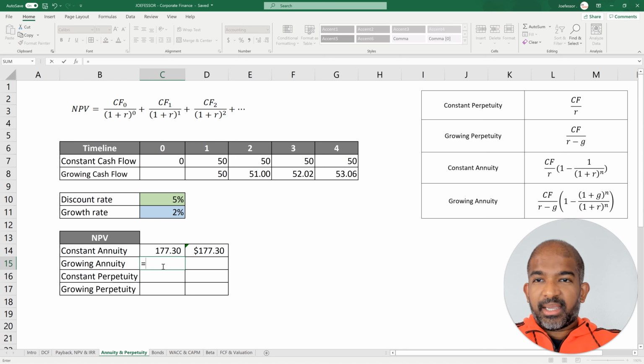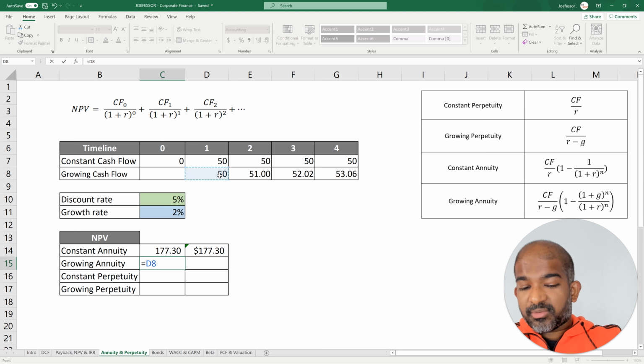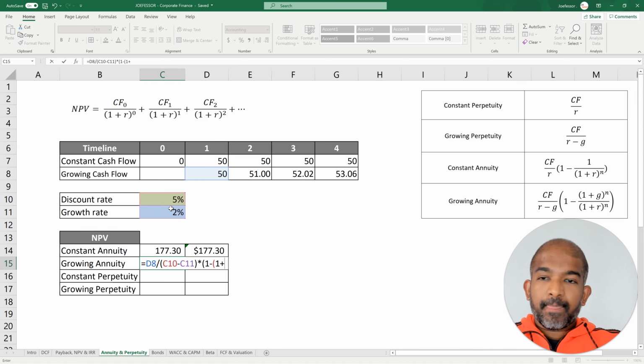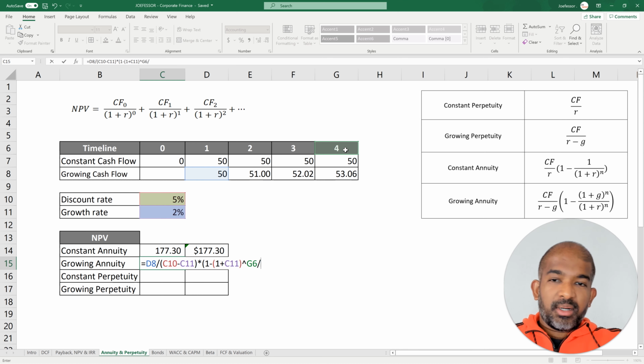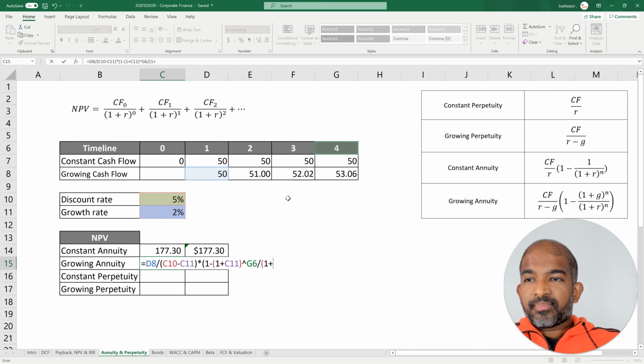We're going to use the formula again, as shown on the right side of the screen here. You're going to take year 1's cash flow, that's the first cash flow, divide by the discount rate minus the growth rate, and then we're going to go 1 minus 1 plus the growth rate to the power of, again, 4 time periods, over 1 plus the discount rate to the power of, again, 4 time periods.